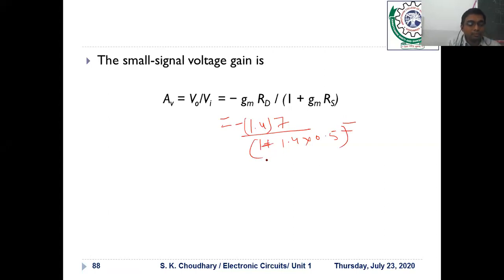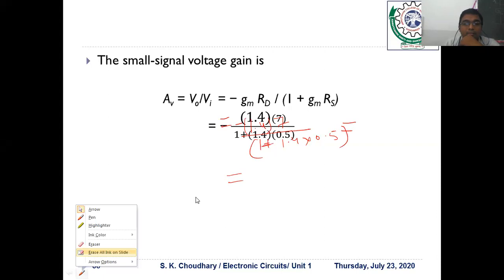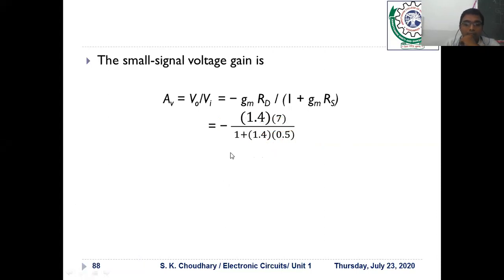Can anyone tell me? No one has solved it yet. What is the value of the voltage gain? Just solve it.